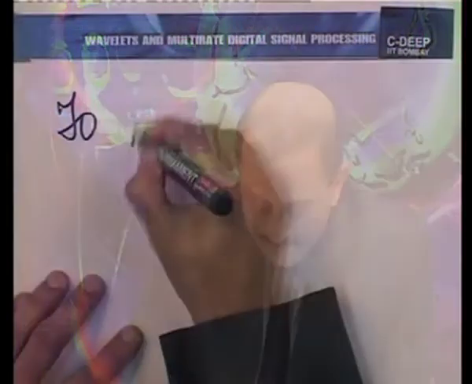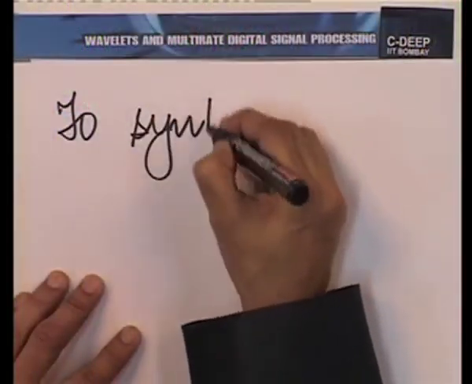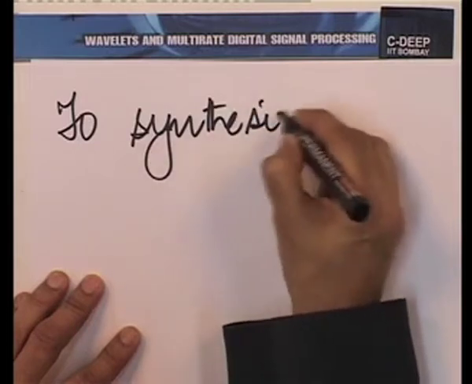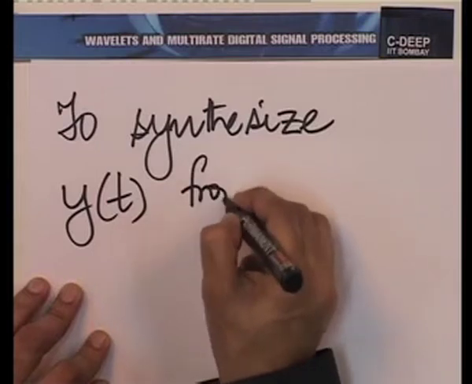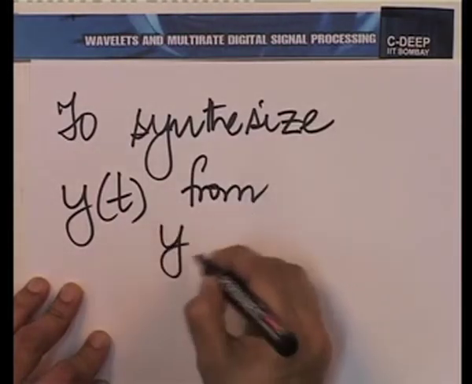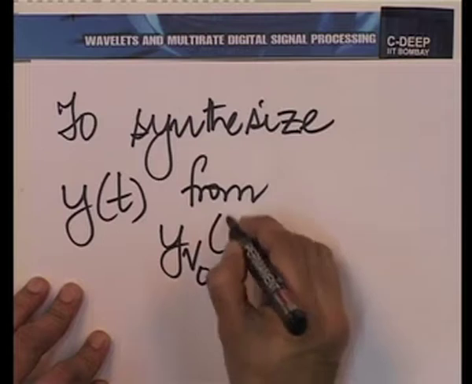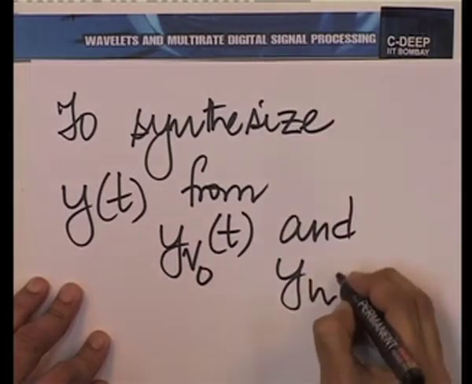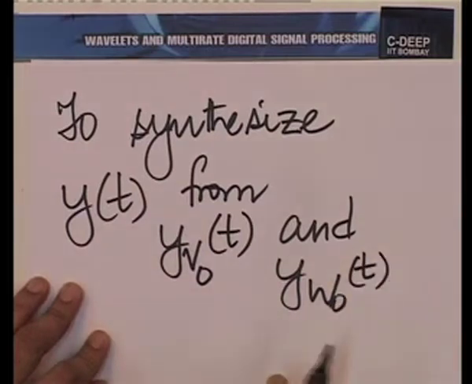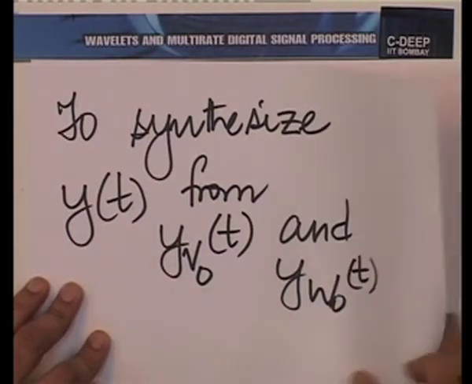So, essentially, if we wish to construct a synthesis filter bank or to synthesize y(t) from yv0(t) and yw0(t), actually in continuous time it is very easy.